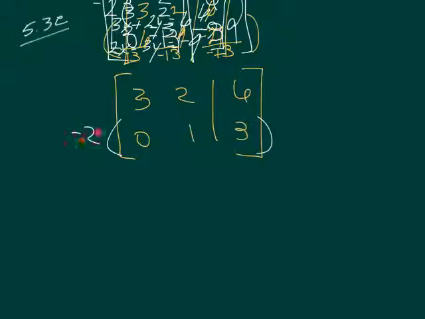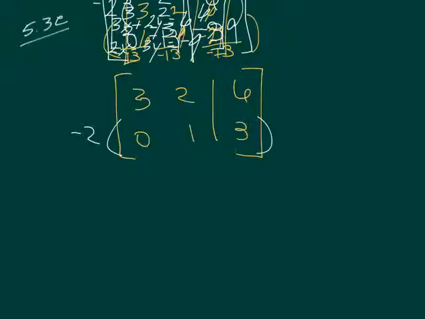This is opposite, and that'll change to a -2 plus 2, which will make that a 0. So whenever you want to make an element 0, I just look and see if there's a 1 above or below it and multiply that row, in this case here, by its opposite, and then that'll turn that into a 0.